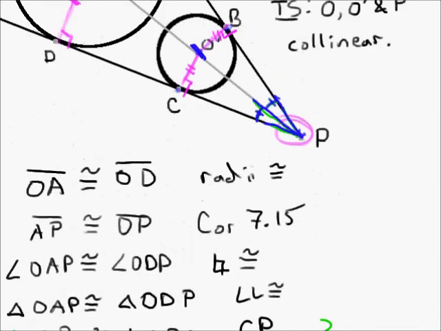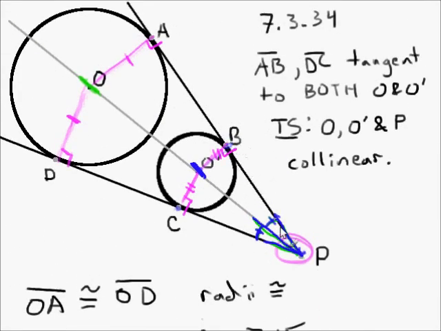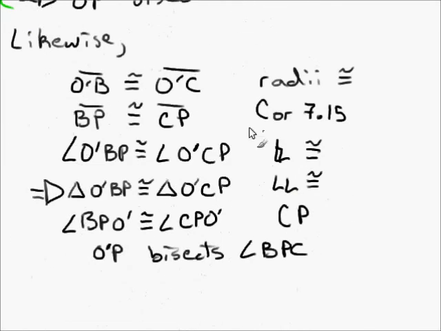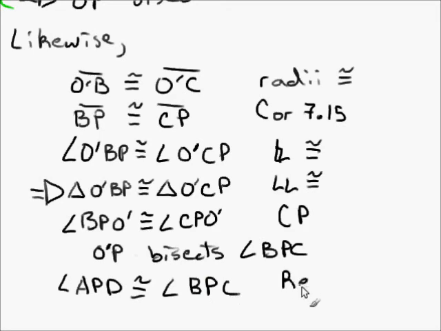But wait, angle BPC is the same angle as APD. Angle APD is congruent to angle BPC by the reflexive property. Fancy here, gives us a little bit more space.